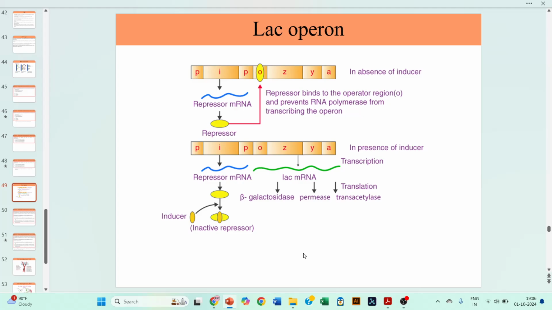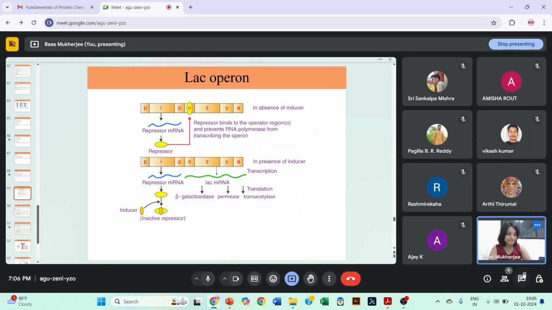Next is lac operon. I'm sure you remember lac operon. So what happens in lac operon?